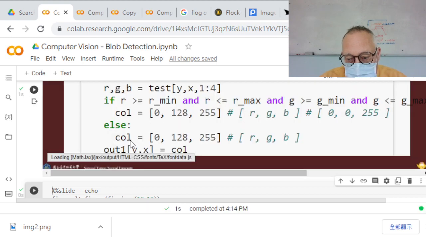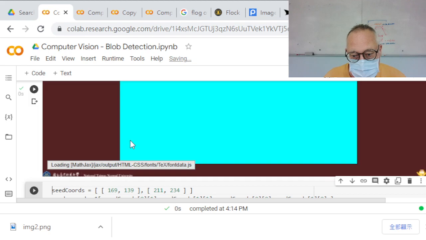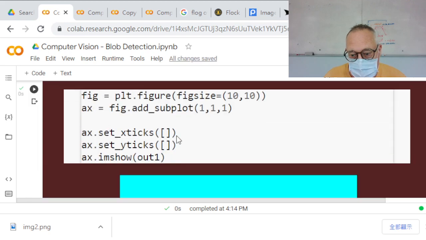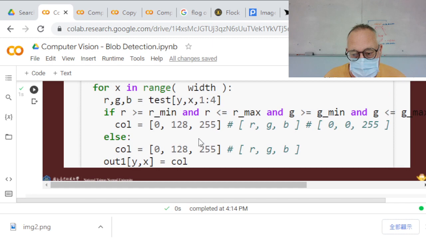So now this should just give me one color, which is cyan. So cyan is red and green is yellow. Blue and red is cyan.